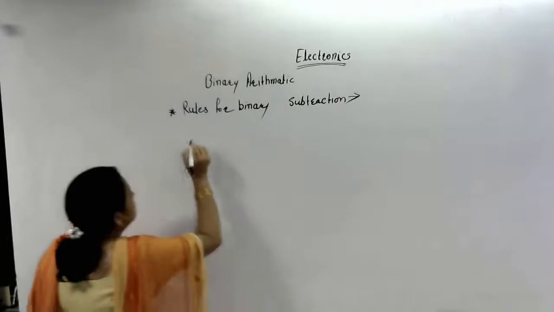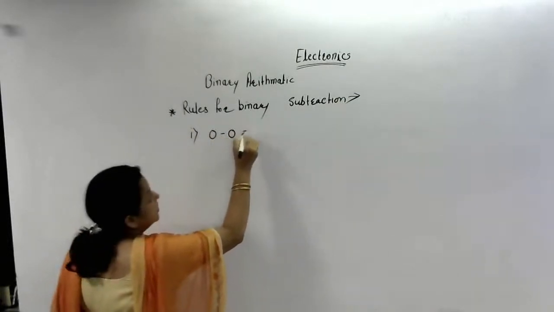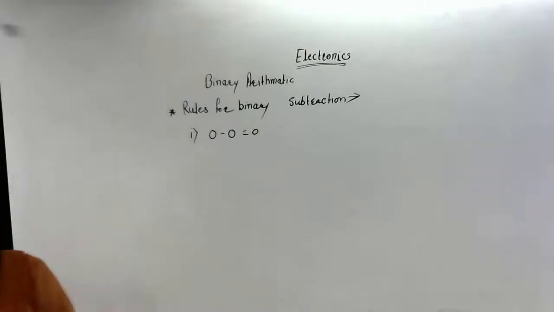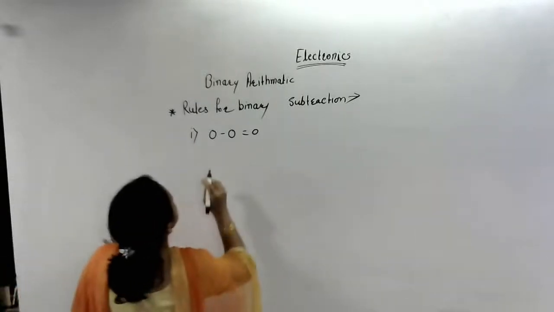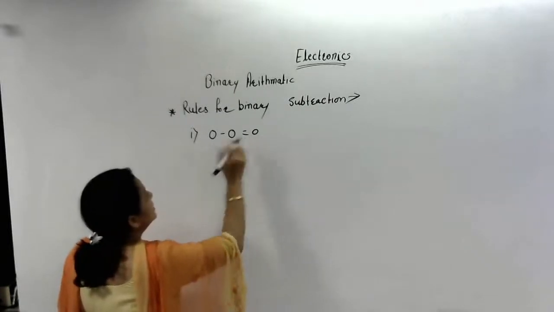Rules for binary subtraction. First one, 0 minus 0 is 0.